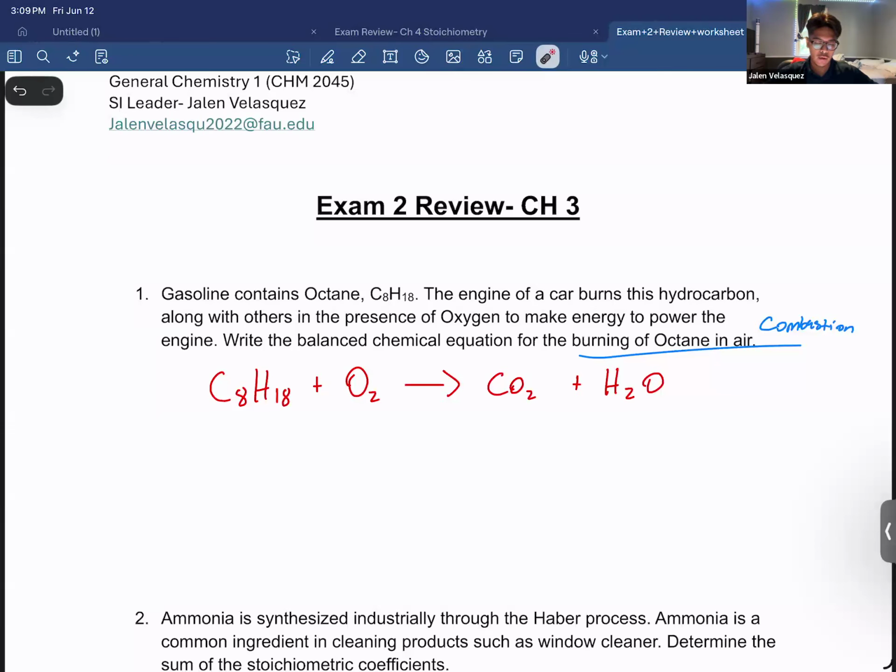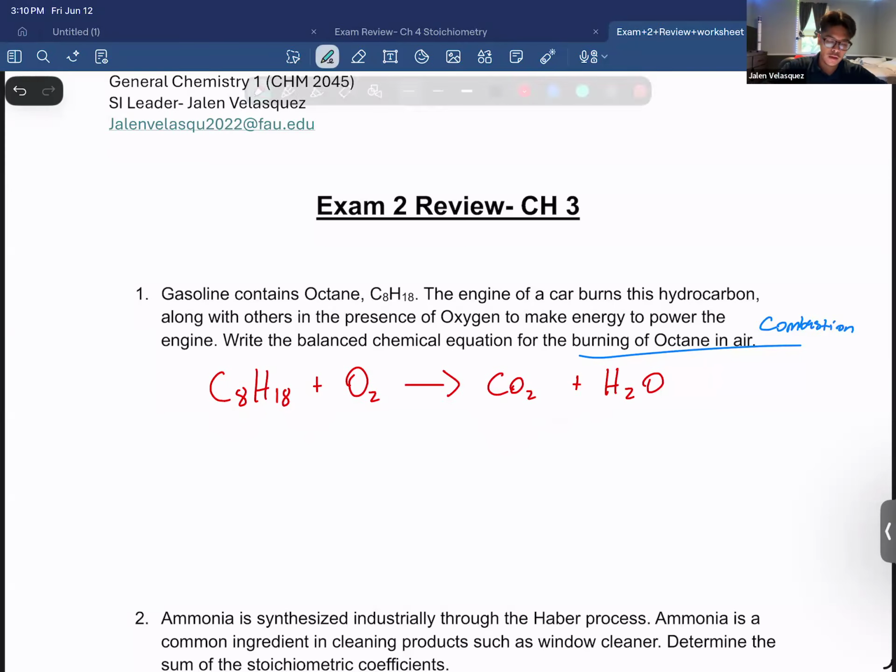So what that means is on my reactants and on my product side, I have to have the same number of every element, right? So just looking at it right off the bat, this equation is not balanced. If you look at the carbons on the reactant side, I have 8, whereas on the product side, I only have 1. So we need to make those numbers equal to each other.